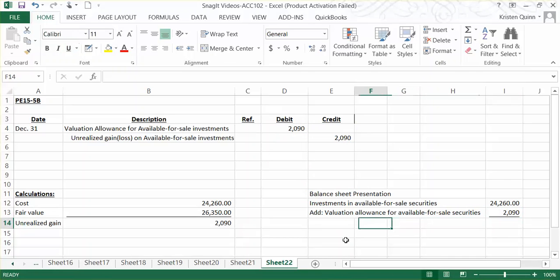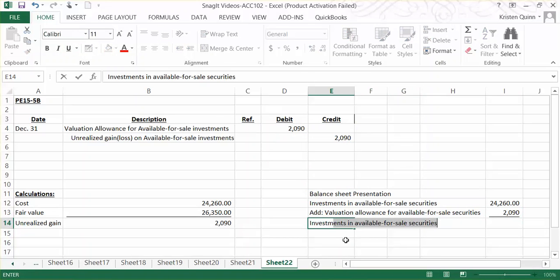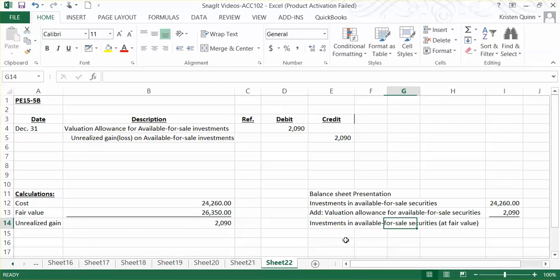We would add those two together to get our investments in our available for sale securities at fair value of the $26,350.